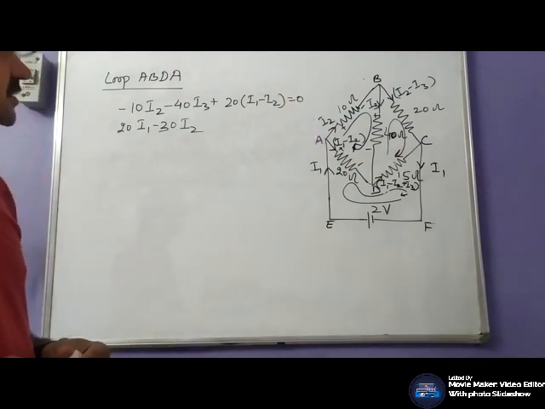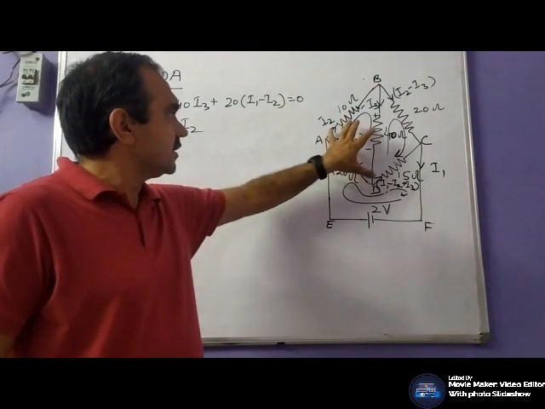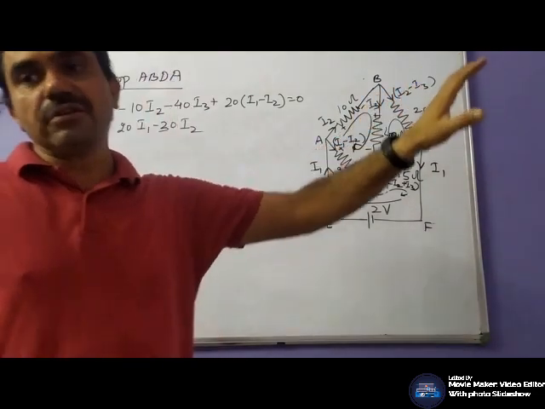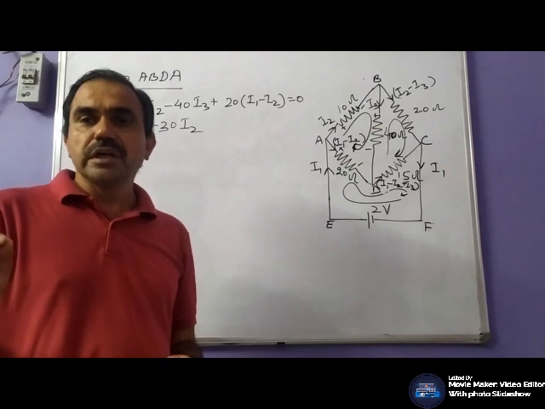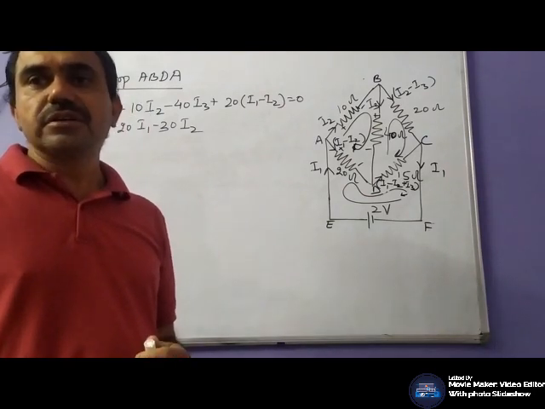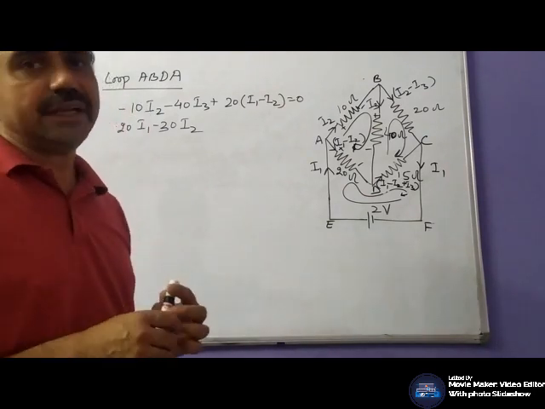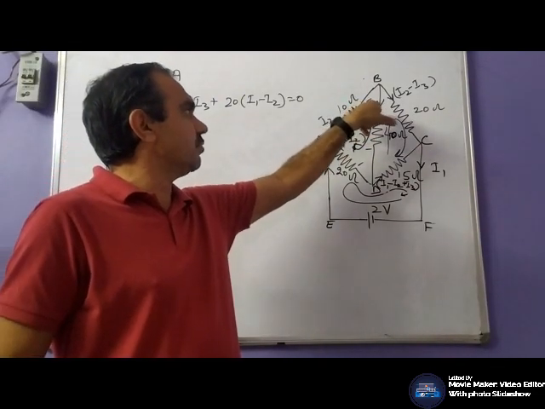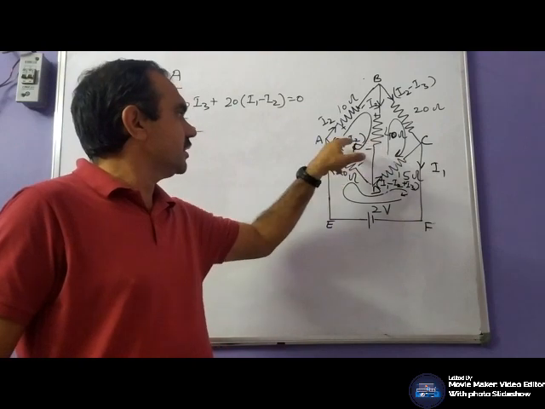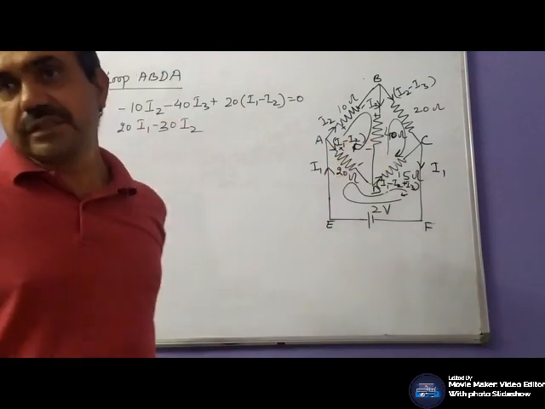Now next thing is to mention the higher potential end and lower potential end. We know current flows from higher potential end to lower potential end. So direction of current is higher potential end, lower, higher, lower, higher, lower.